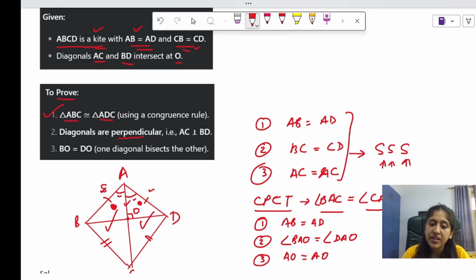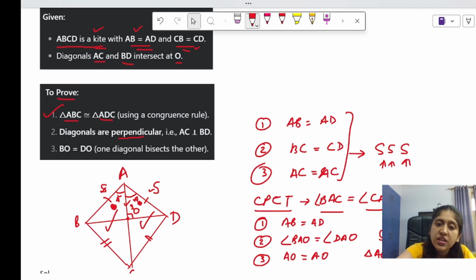So this side is equal, so let's just write S. Consecutive angle is equal, ठीक है, so we can write A, and then a consecutive side is equal, that is S. This AO is common, so by SAS rule, I just proved that triangle AOB is congruent to triangle AOD. These two triangles are congruent.